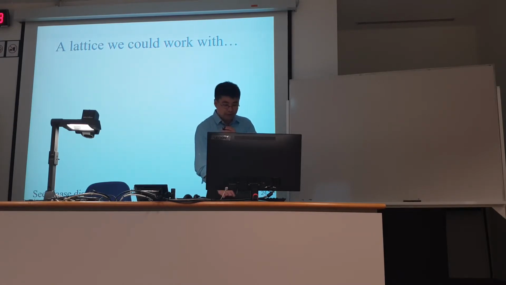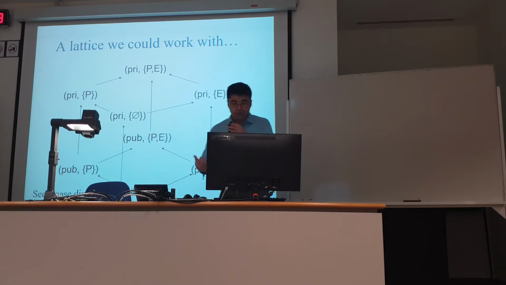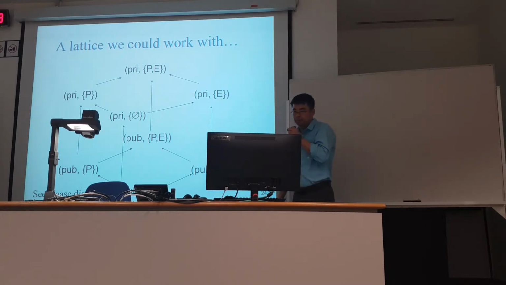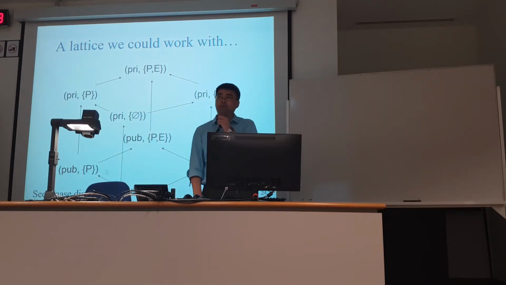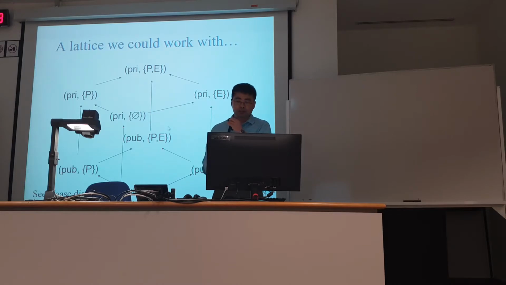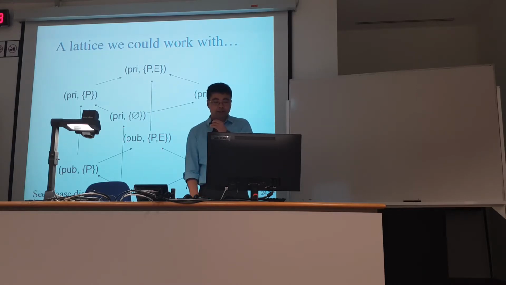In this case, you can have a lattice like this. For the first column, private dominates public, and for the second, a superset dominates a subset. So now let's look at the order.